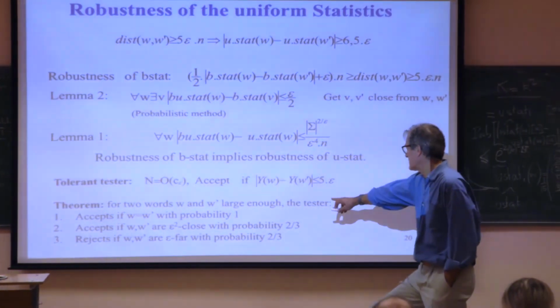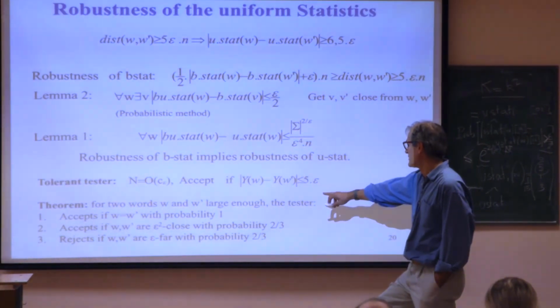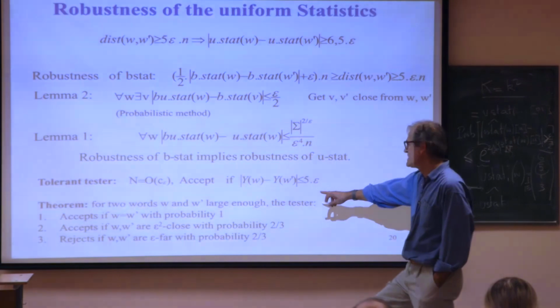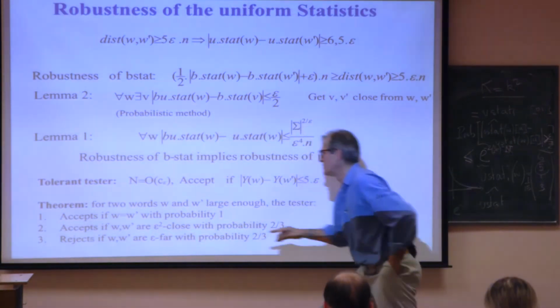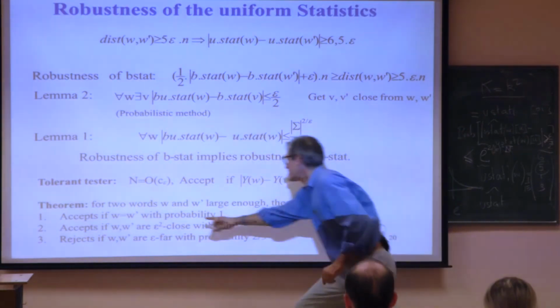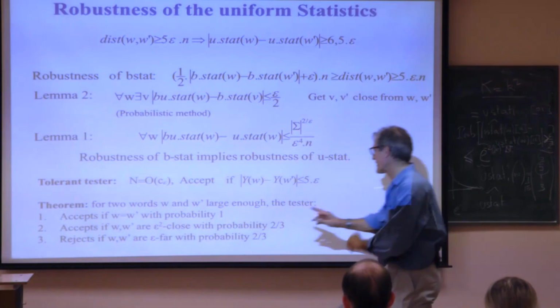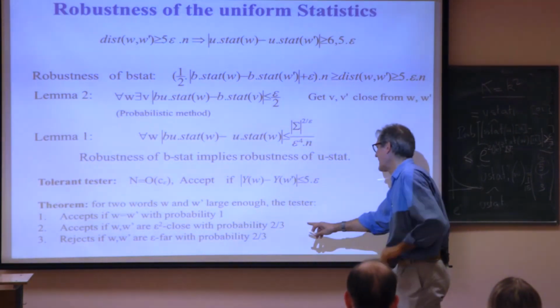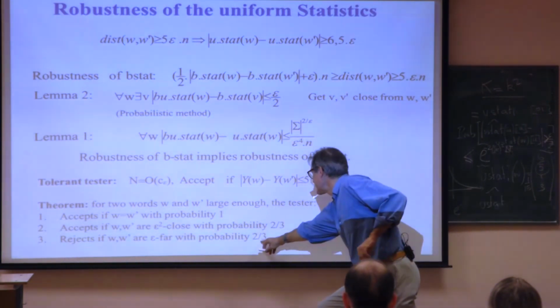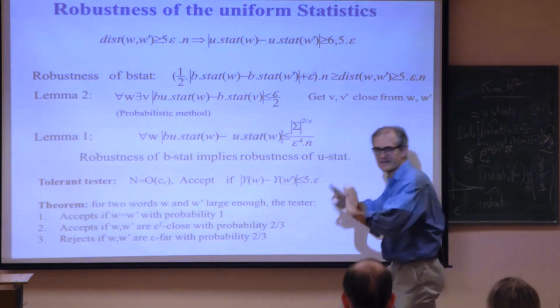Okay, so why do I have a tester for equality? If the words are equal, then I accept with probability 1. If they are epsilon far, I reject with probability 2/3, which is high enough. And then this is an extra statement I get.